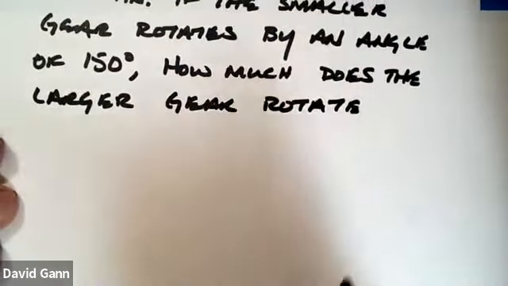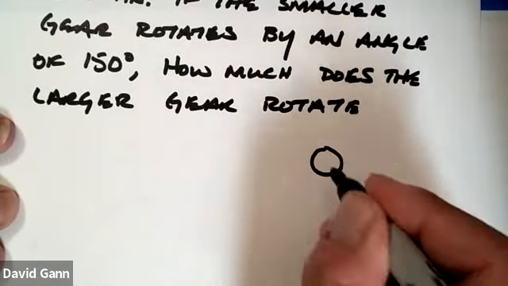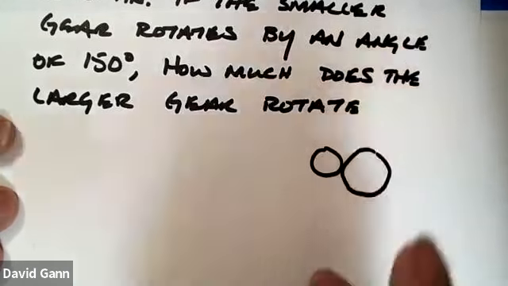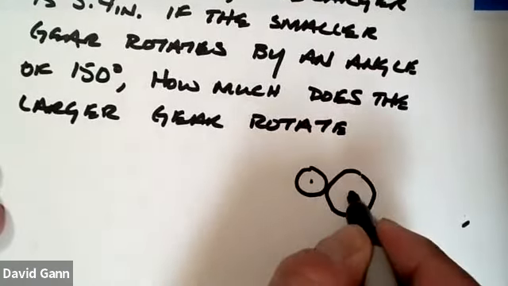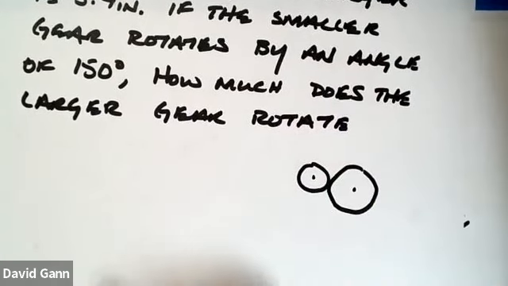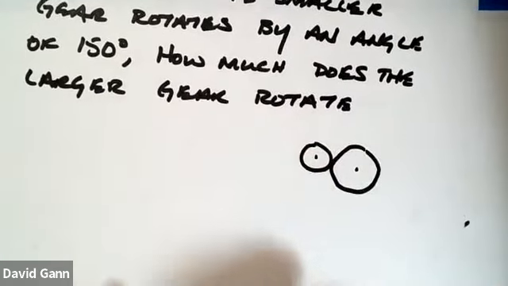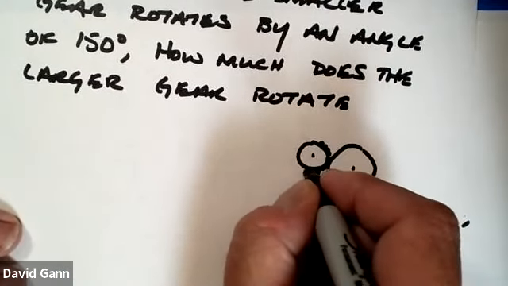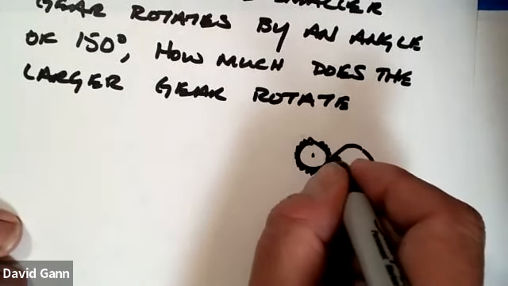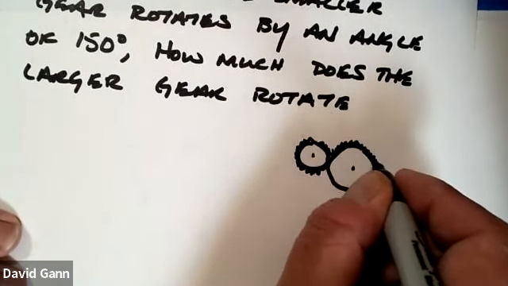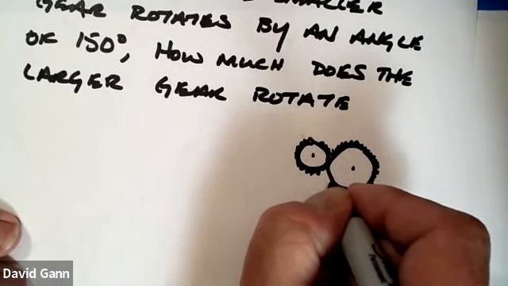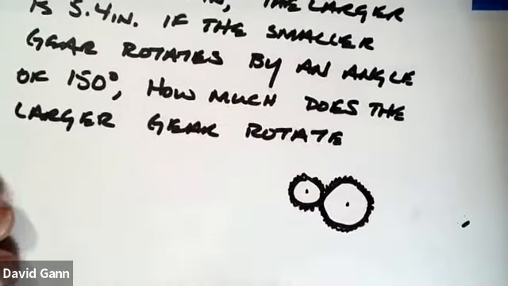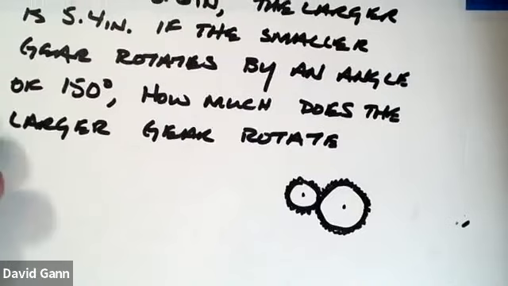I'm going to actually draw a little picture here. So here's our smaller gear. Here's our larger gear. And I'll put little gear bits on these things, these little wedge-shaped teeth that are on these gears, and that's what makes it so that if this one turns, then that one turns, and vice versa, because they don't slip or grind in there.